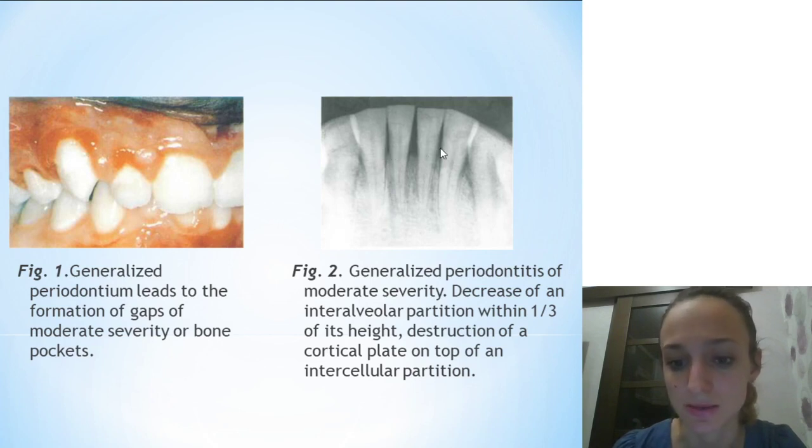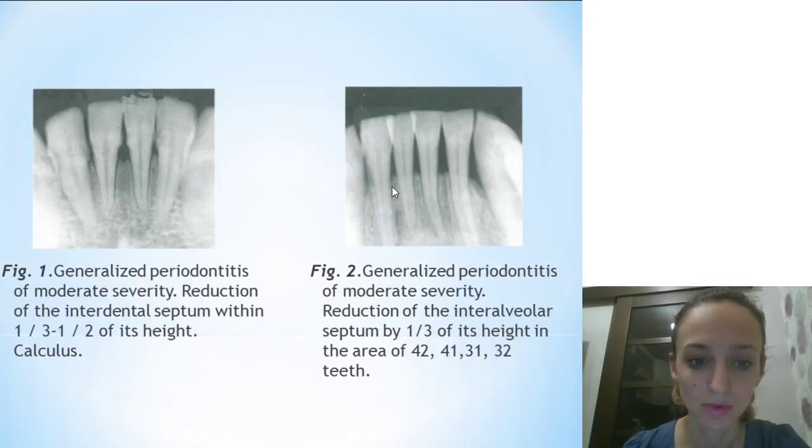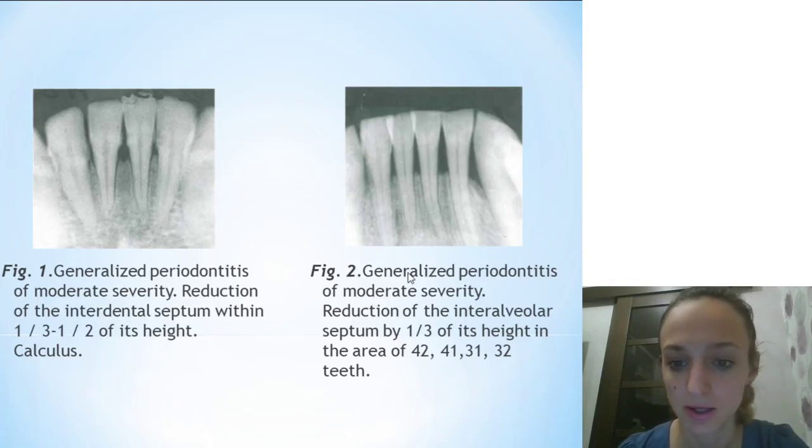We should see the interalveolar partition, and in this case there is a loss of one third of its height, and destruction of the cortical plate on top of the septum. Also, in generalized periodontitis there is a reduction of the interalveolar septum by 1 to 3. Or here we should look at the septum.